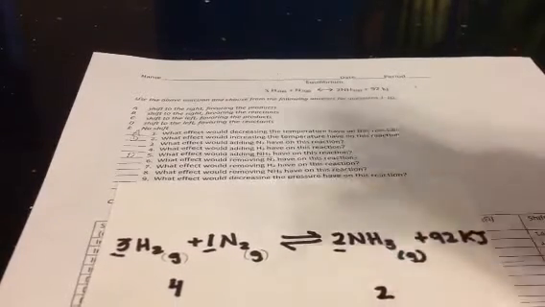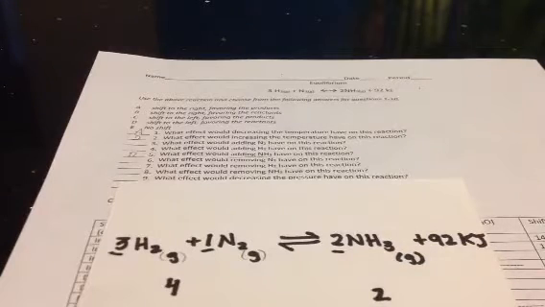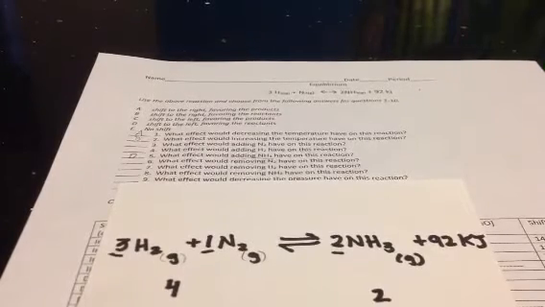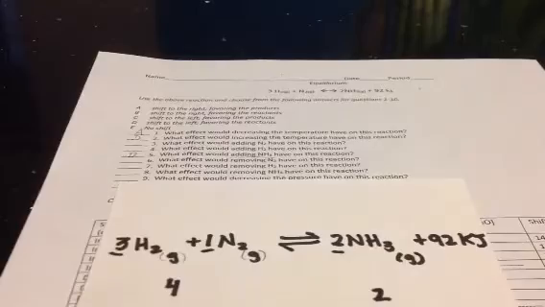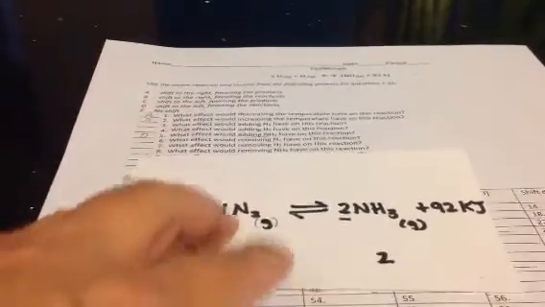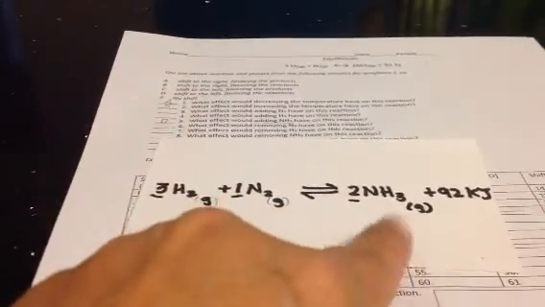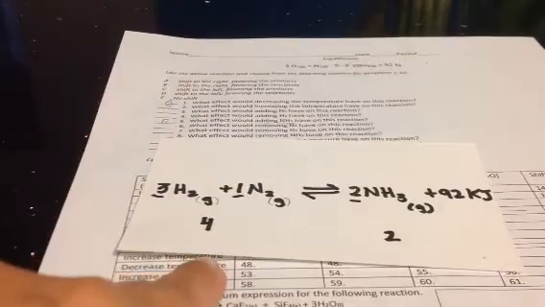First it said, what effect would decreasing the pressure have? So I think of pressure as somebody yelling at me. And if somebody is yelling at me, then I want to go away from the yelling and I want to be more alone. So which side of the reaction is more alone? The 2. 2 is less than 4.